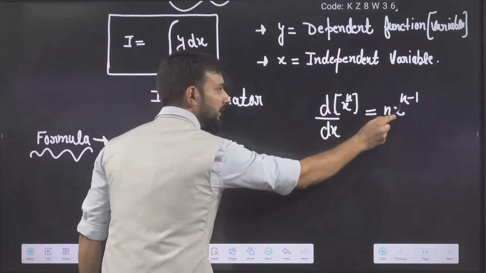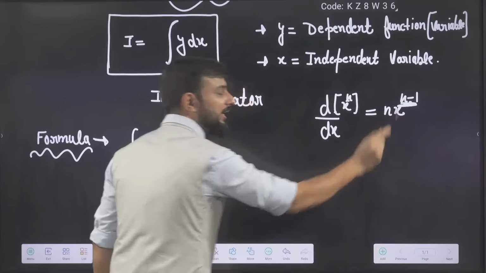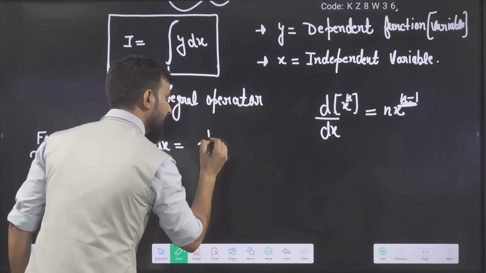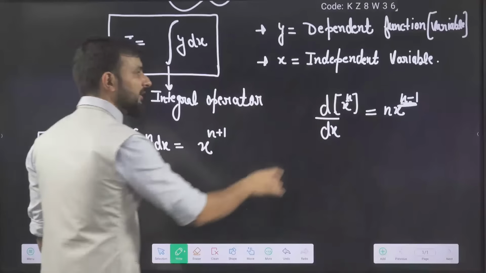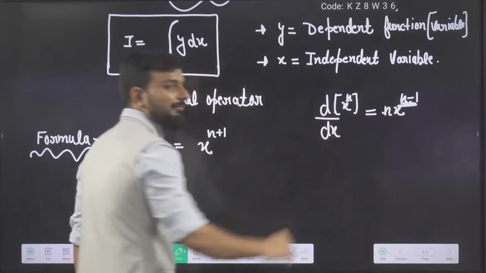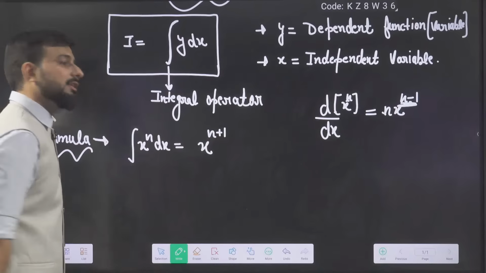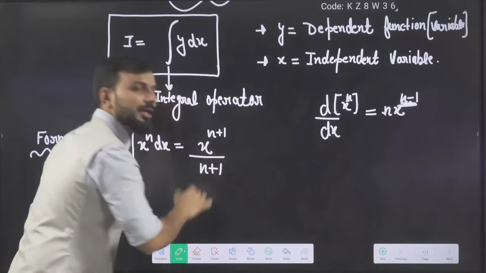So if he is subtracting 1 from the power, I will not subtract, I will add, n plus 1. Yes or no? And if you are bringing the power forward, here it is saying no, I will not do that. I will put it in the denominator, with the plus 1, n plus 1.